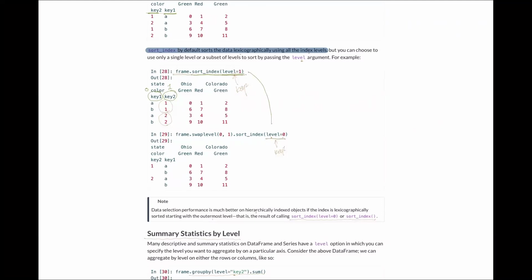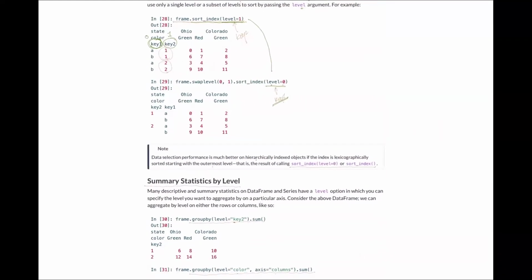And then level 0 means that we are using key 1 as the factor, and then we can do these things like state, color, and color green, red, and color green, silver.